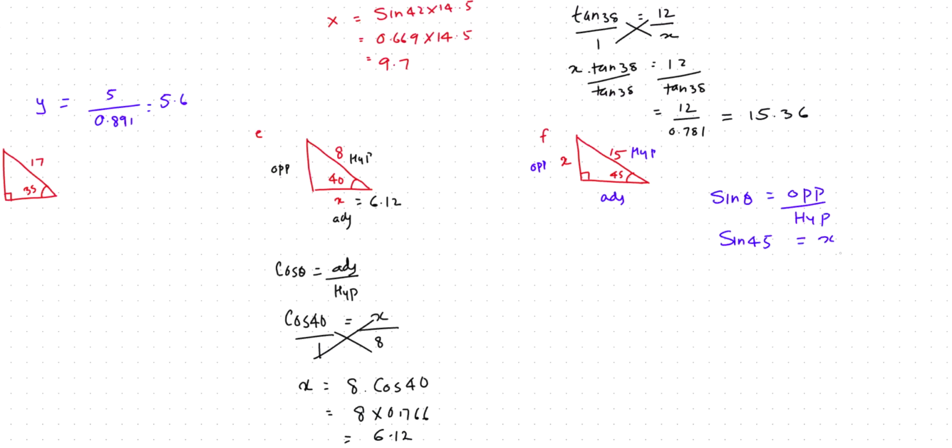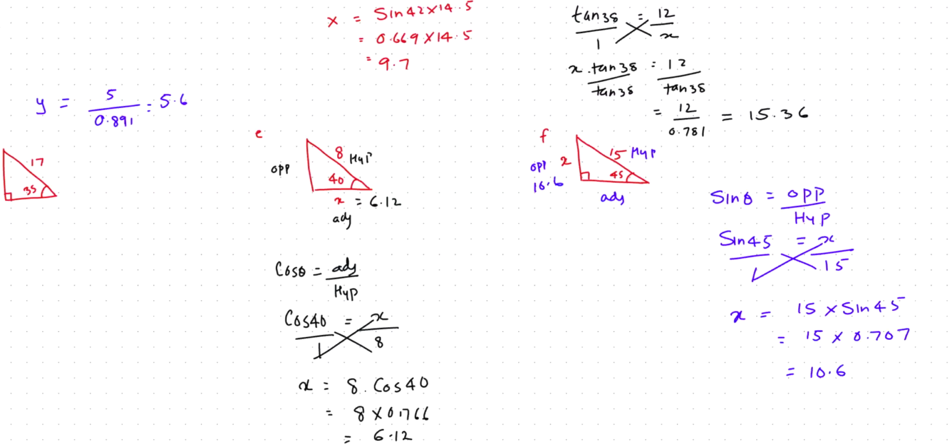Cross multiply. X times 1, x, equals 15 times sine 45. Sine 45 is 0.707. So 15 times 0.707 comes to 10.6. So this side is 10.6.